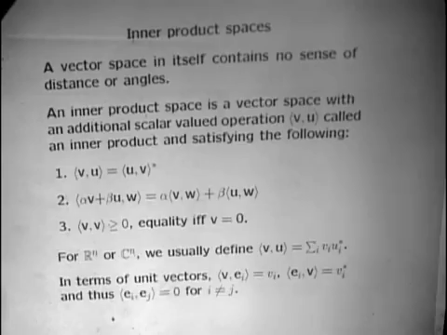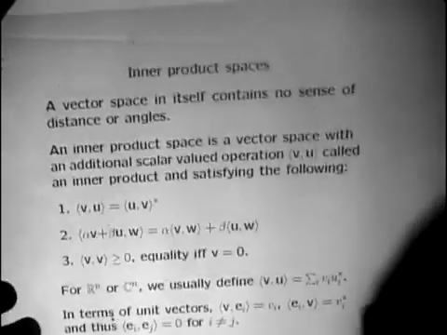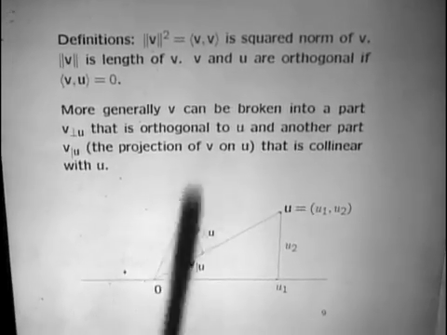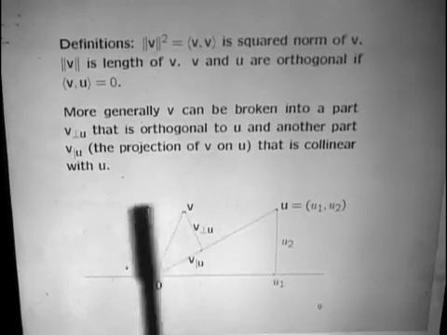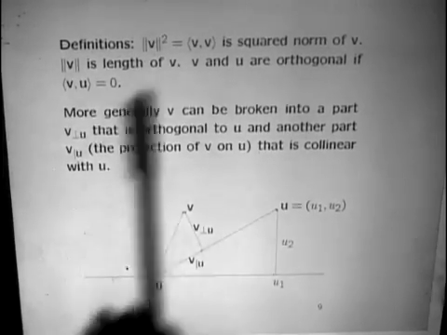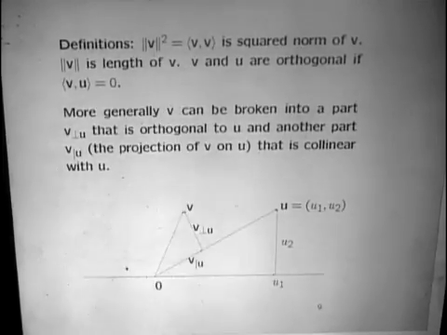You like to draw one here and one there. And that's what we mean by perpendicular, which is the 2-dimensional or 3-dimensional word for orthogonal. Okay, so we have a couple of definitions. The inner product of V with itself is called the inner product V squared, which is called the squared norm of the vector.